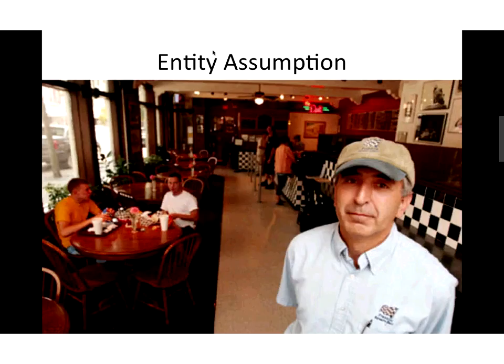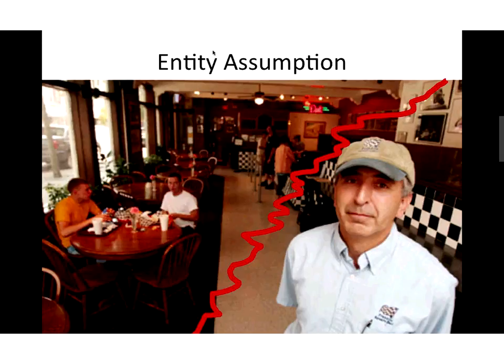Anybody know where this is? Recognize it? Yeah, downtown, Franklin Square Deli, right? That's Carl, the owner of Franklin Square Deli. So when we talk about the entity assumption, Carl has Franklin Square Deli. So Carl has the individual, his personal finances, and he has the business.